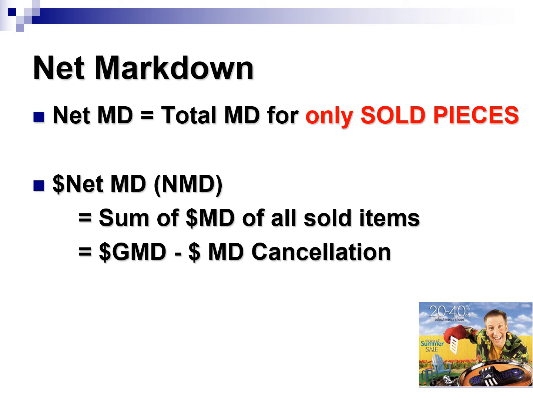Whereas markdown cancellation is the dollar markdown of all the items that were unsold. So if you subtract the unsold items from the sold plus unsold items, what's left is only the sold items, and that's what net markdown dollar is.